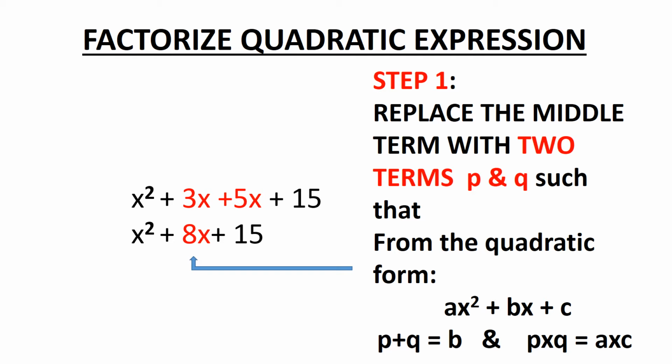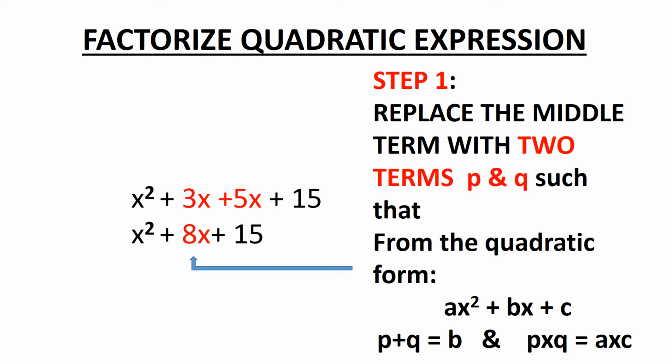So when I add the 2 numbers, I should get a value of 8. Then the second criteria is that when I multiply my 2 numbers, P and Q, my answer should be the same as if I multiplied A by C.